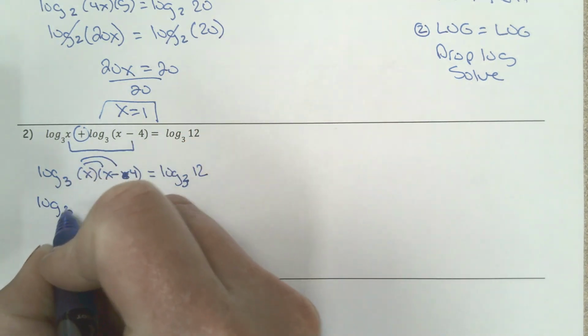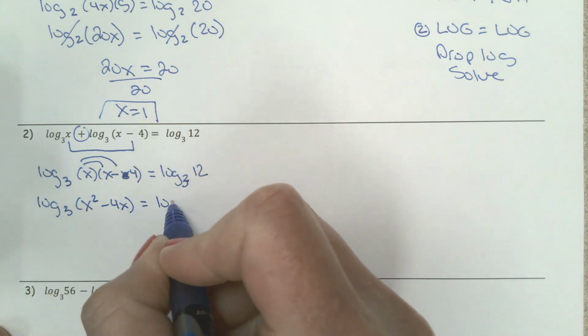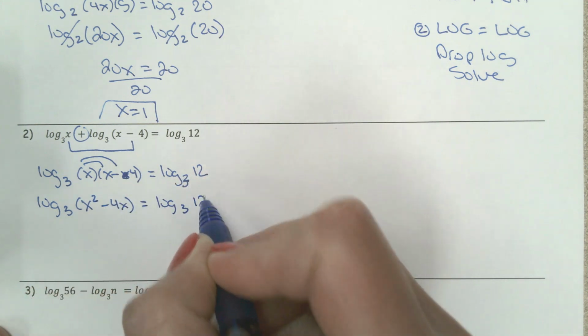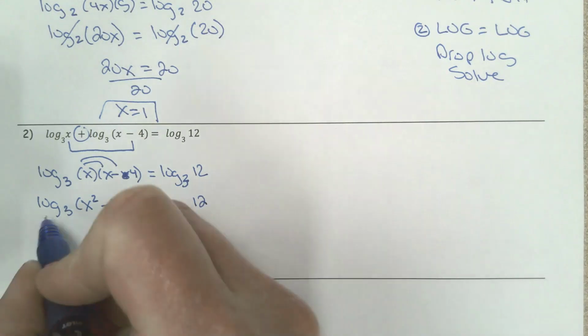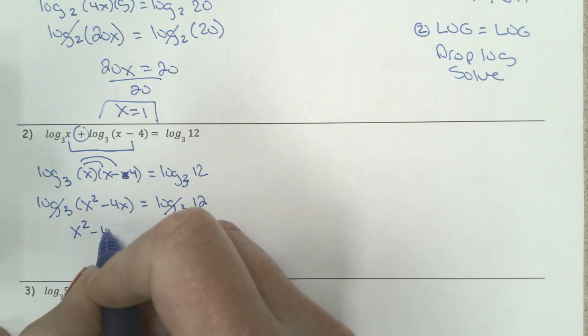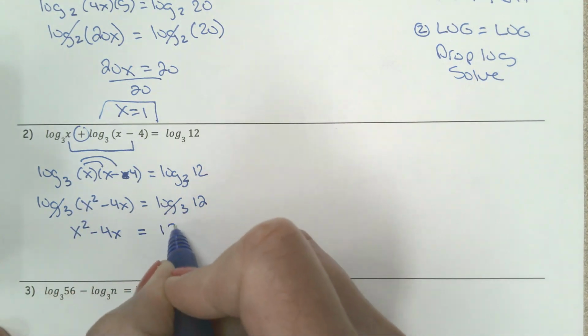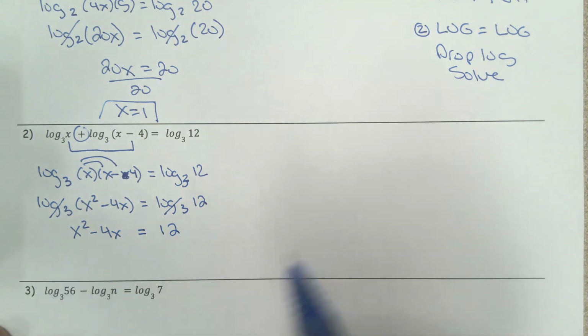So I have log base 3 of x squared minus 4x equals log base 3 of 12. Now I have log equals log, so I'm going to drop the log and get x squared minus 4x equals 12.